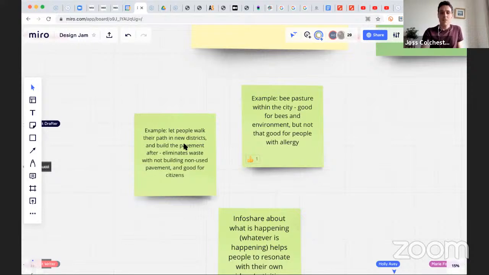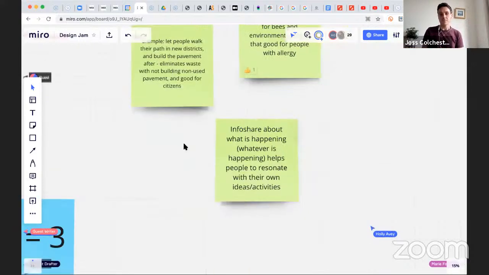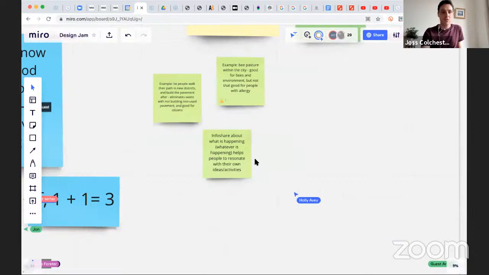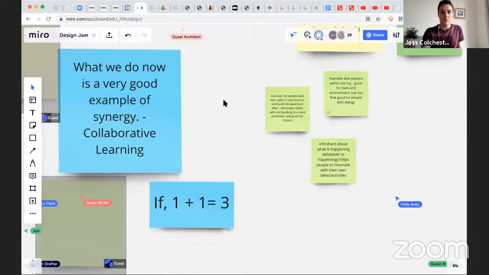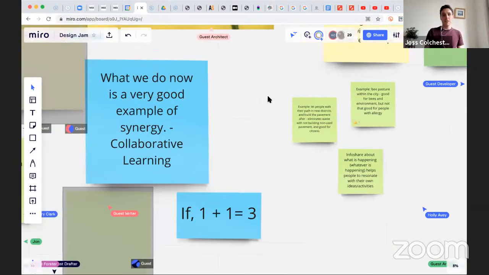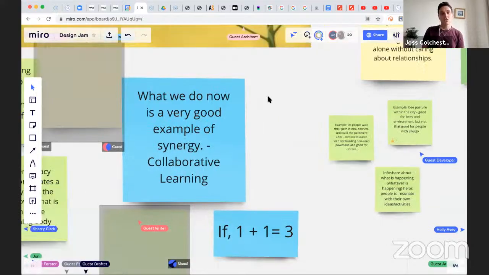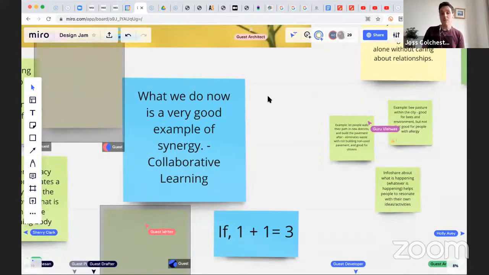Info share about what is happening. Whatever is happening helps people to resonate with their own ideas, activities. Yep. Okay, so if 1 + 1 = 3, yeah, that's the idea. What we do now is a very good example of synergies, collaborative learning.